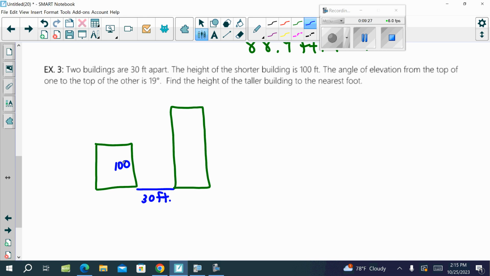The line of sight. And then we can create our angle of elevation of 19 there. So there's my right triangle. We want to find the height of the taller building to the nearest foot. What do we need to add to the problem? X. Where's that X going to go?